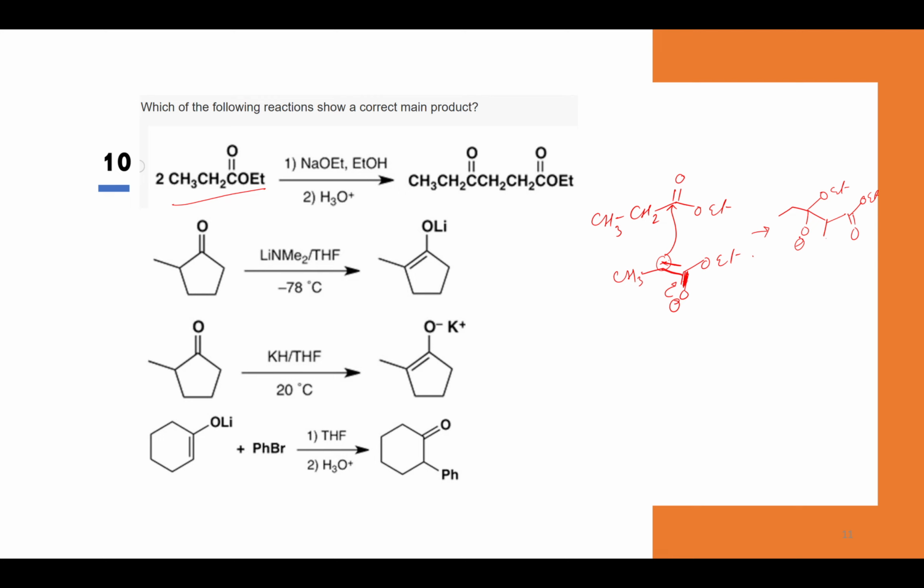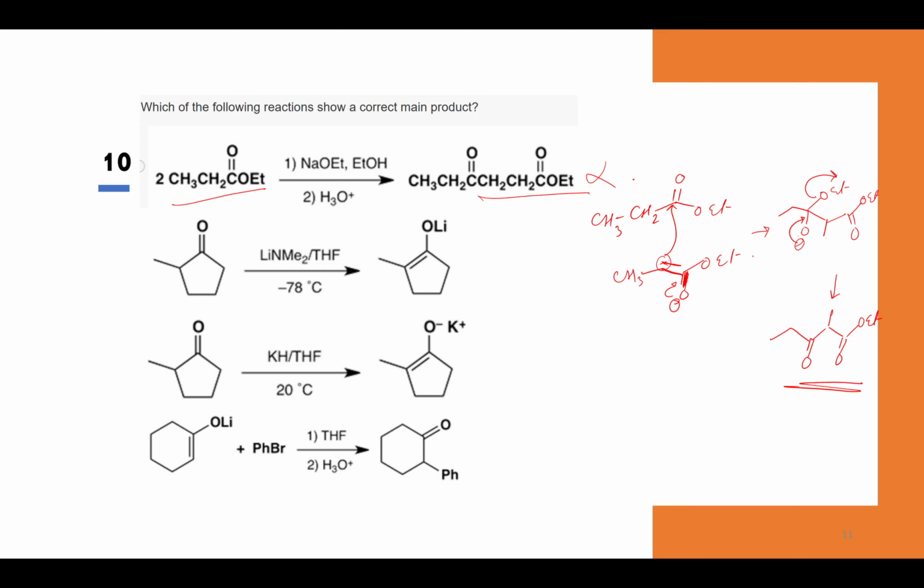Now after this, what will happen? This negative charge will push electrons here, and the OEt group will get knocked out, and we will get a carbonyl here, this as a product. So if we see this option, this is not correct.